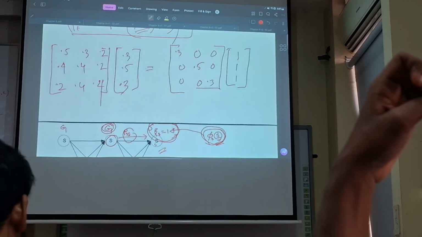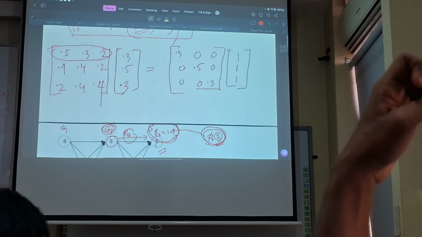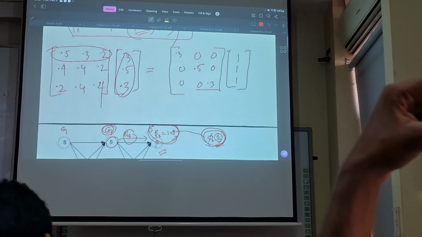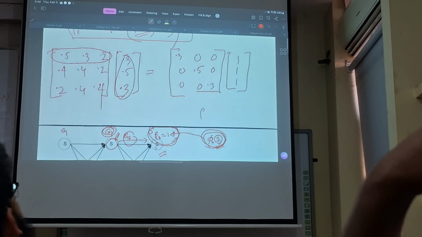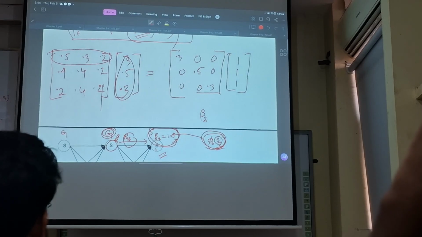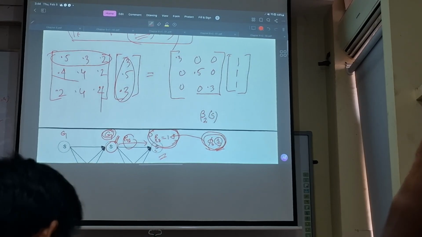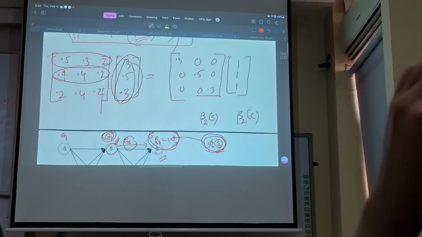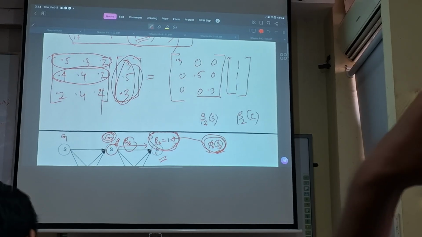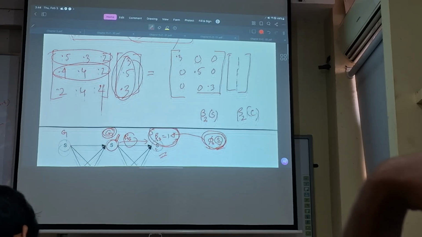Now, whenever we have this one multiplied with this one, this gives the beta 2 here. When this one is multiplied with this one, we get beta 2 C and so on, right? In this way, we move to the initial state.